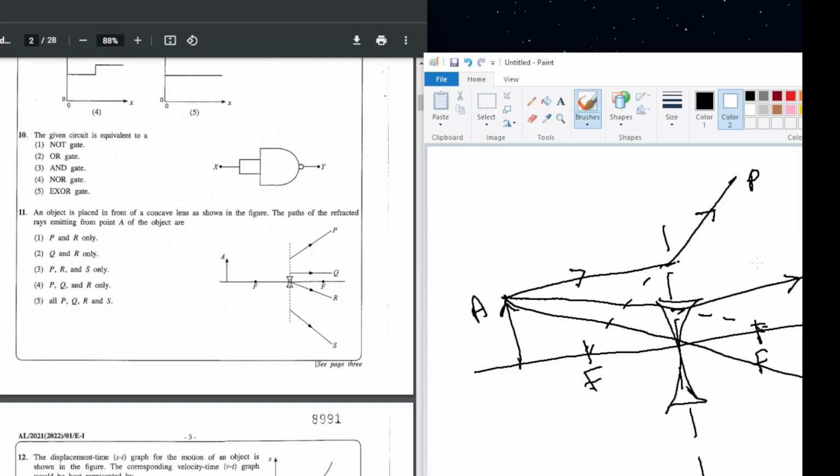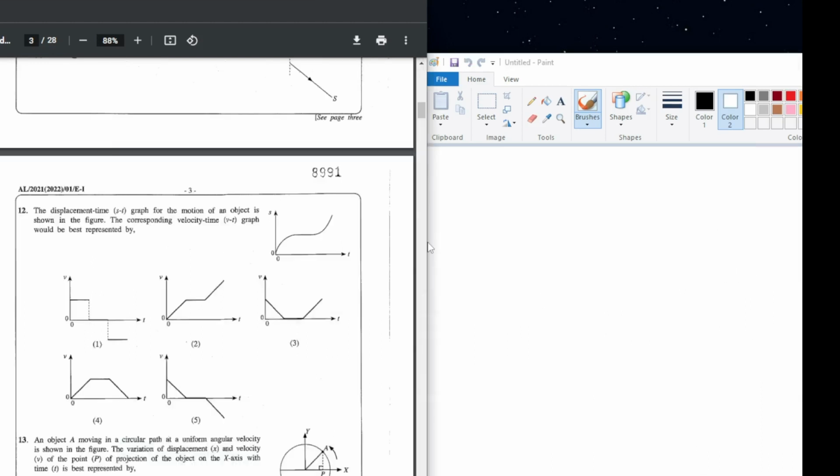Question number 12. The displacement time graph for the motion of an object is shown in the figure. The corresponding velocity time graph would be best represented by. When you take the first part of the displacement time graph, it's a curve and it shows the motion is a deceleration.